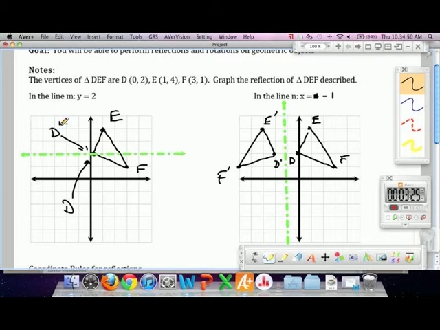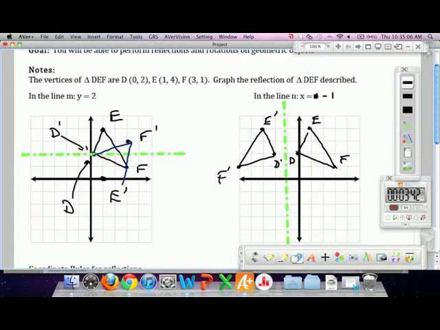Maybe 2 under. And F prime, 1 over. So I'm going to draw in blue here to make it easier. So it's been reflected over.